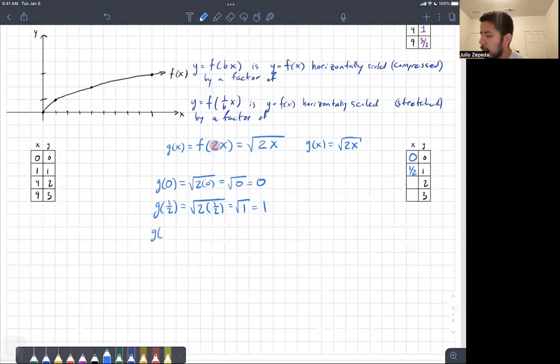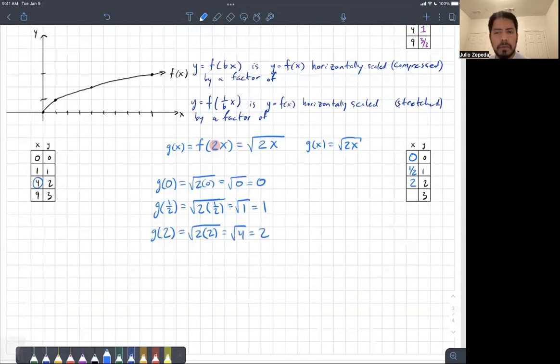Well, how about 4/2 or 2, right? This 4, I'm going to divide it by 2. That gives us 2. I'm plugging that in. And so when I plug in 2 into 2x, I get 2 times 2, which is the square root of 4, which is 2.